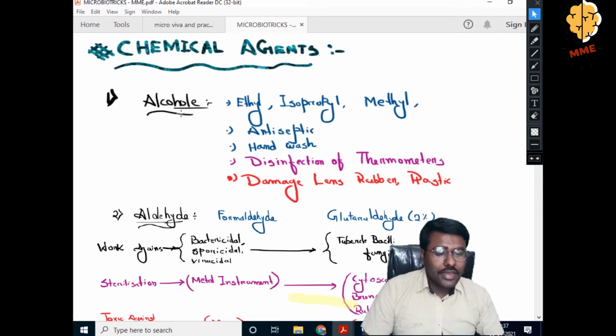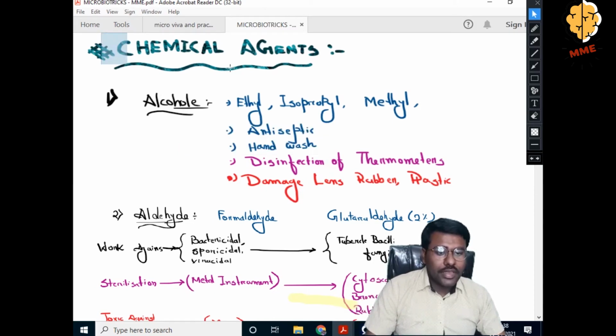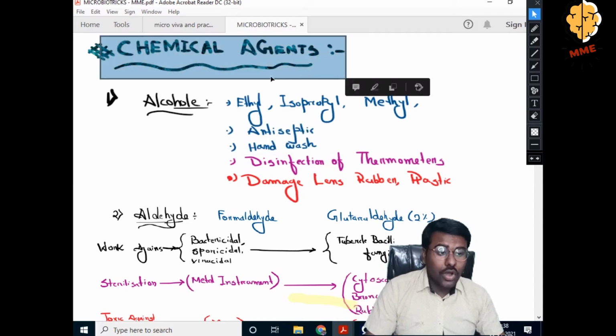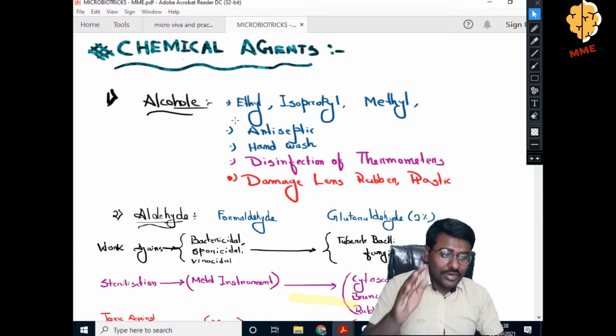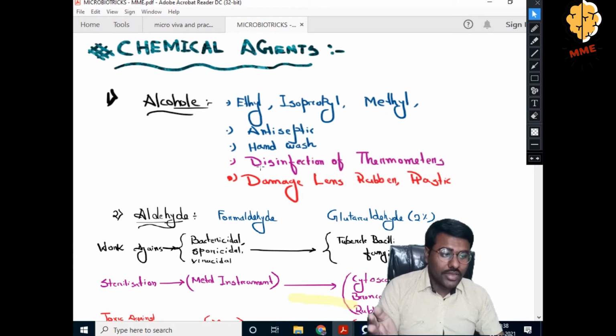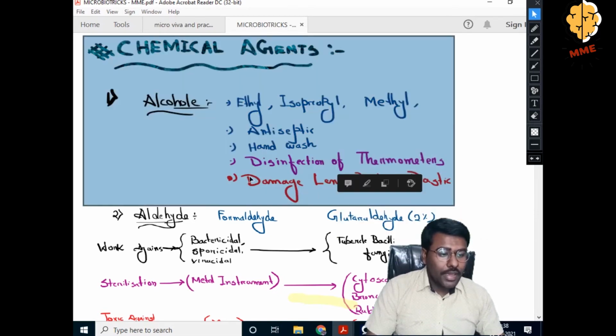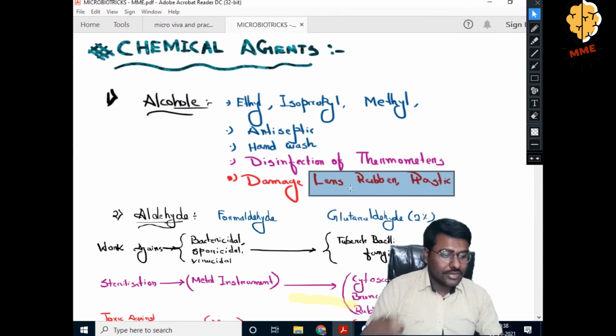In the practical Viva, in case of disinfection or sterilization, the chemical agents, the alcohols: ethyl alcohol, isopropyl alcohol, methyl alcohol. They are antiseptics. They are used as hand wash and for disinfection of thermometers, and they can cause damage. Alcohol can cause damage in the lens, rubber, and plastics.